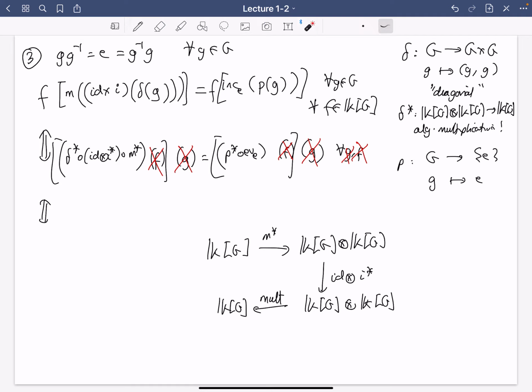And the right-hand side, I've got to do evaluation at E, which takes me to K. And then I've got to do P star. What is P star? P star from K to K of G, that's just the unit. The unit map of this associative algebra, right? So it's just the K-linear map which sends 1 to 1.